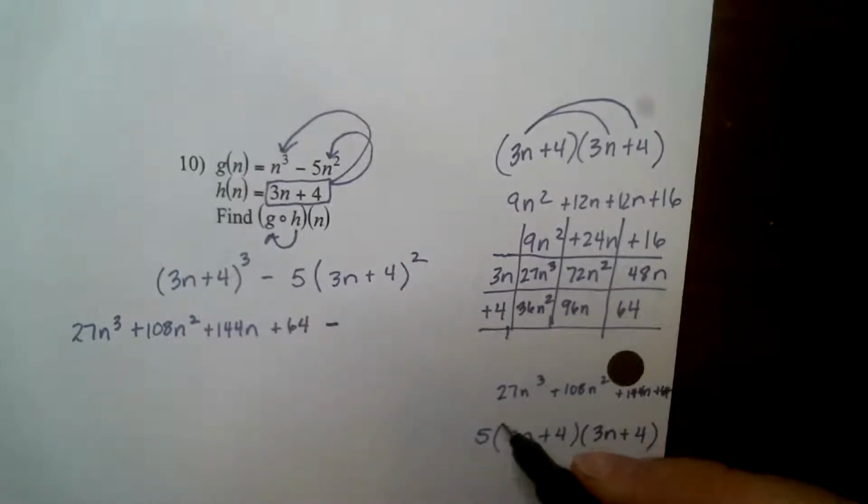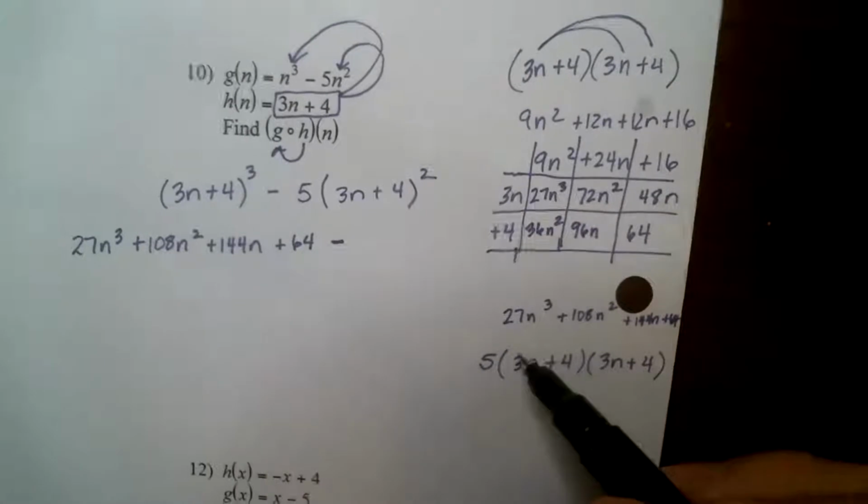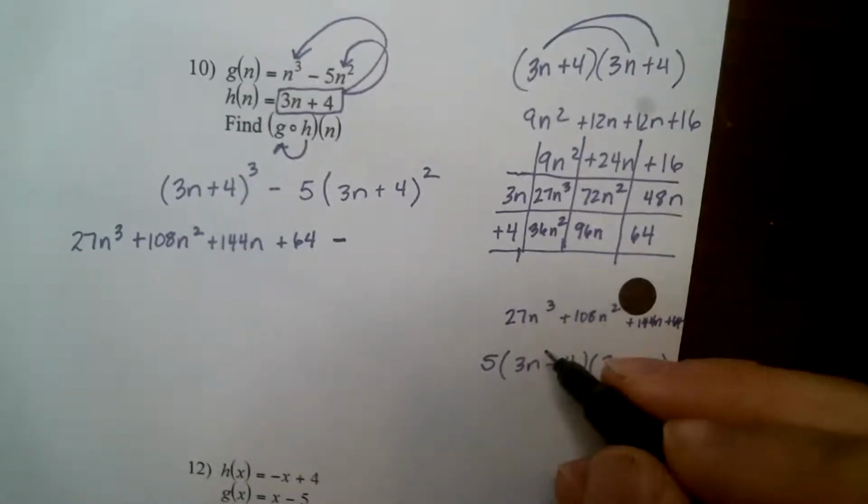Here we can distribute a couple different things. You can FOIL it first, which I think may be a little bit easier if you FOIL first before you multiply by 5. Get the trinomial and then multiply everything times 5.